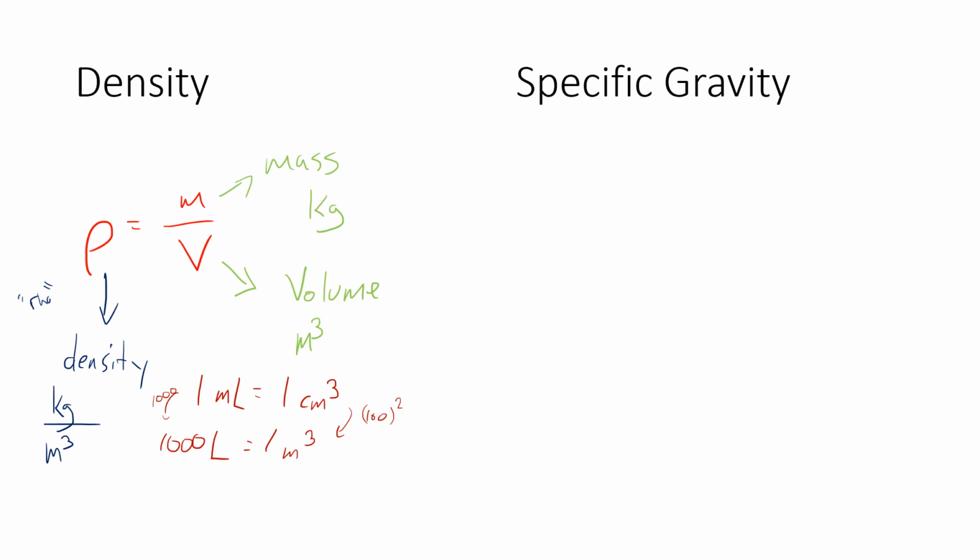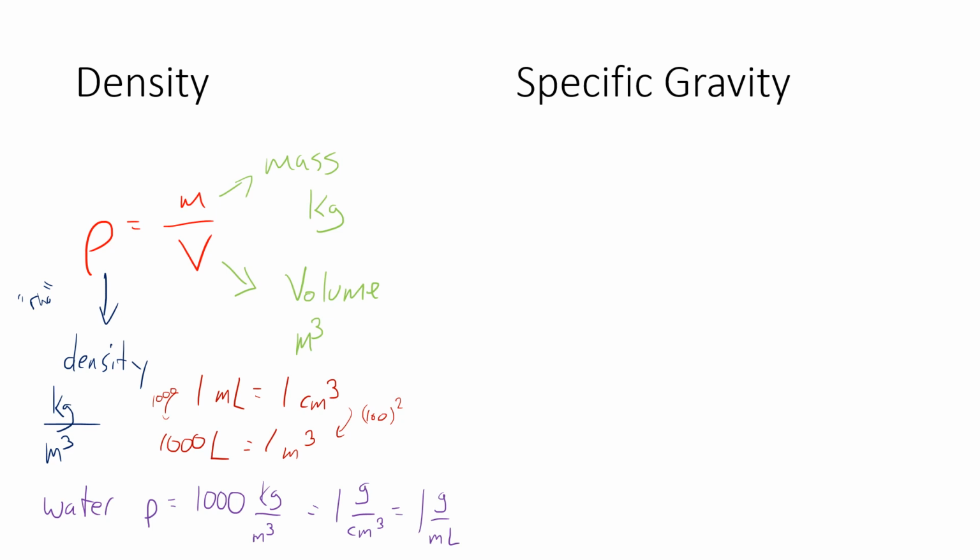Anyways, the most important value for density is water. Water has a density of a couple things here, but we're going to go with 1,000 kilograms per meter cubed. This is also equal to 1 gram per centimeter cubed, which is also 1 gram per milliliter.